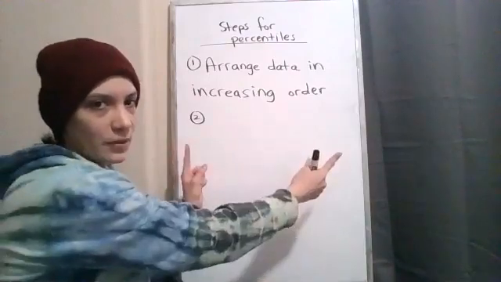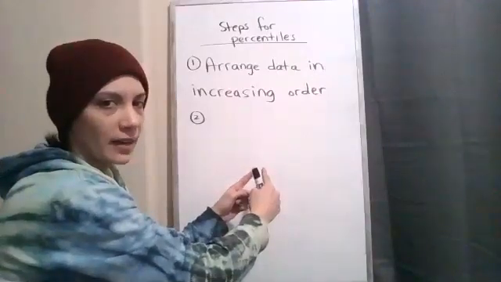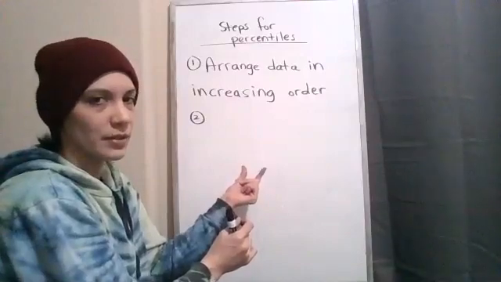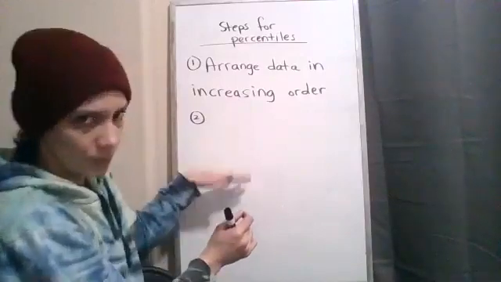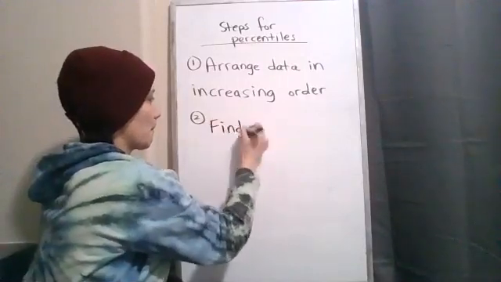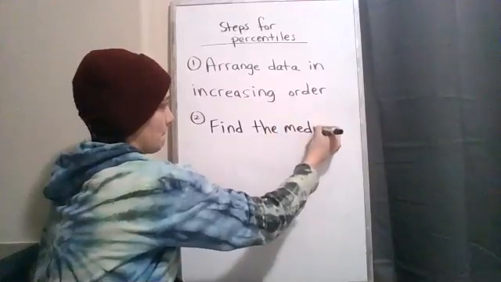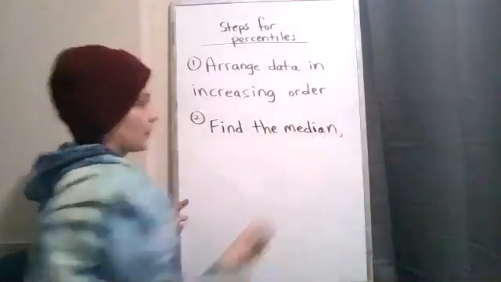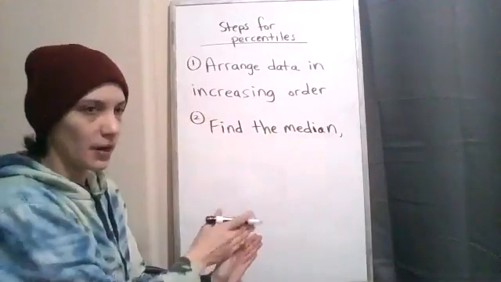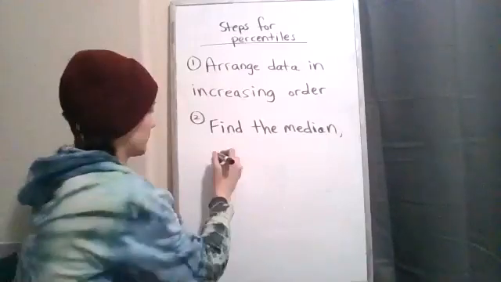We practiced last time. You get everything in order, work towards the middle, and find the middle value. It's either right there or it's the average of the two middle numbers. That's the value that divides the bottom 50% from the top 50%. So we found Q2.